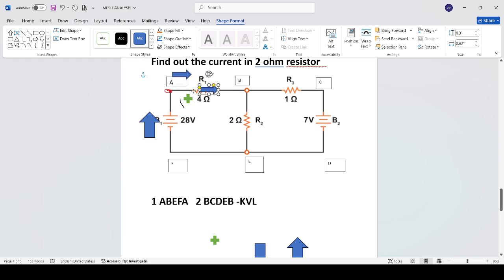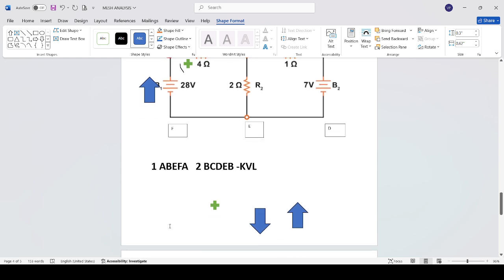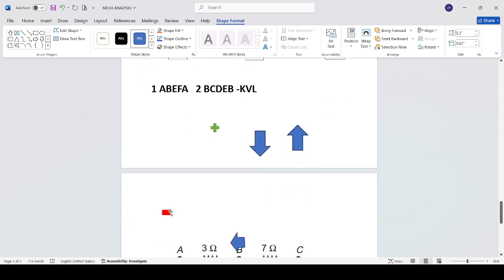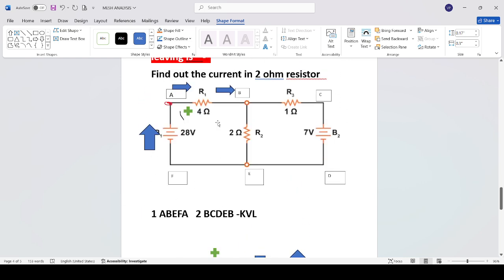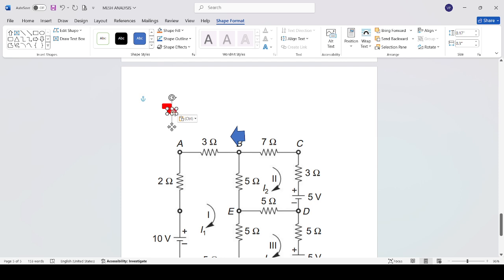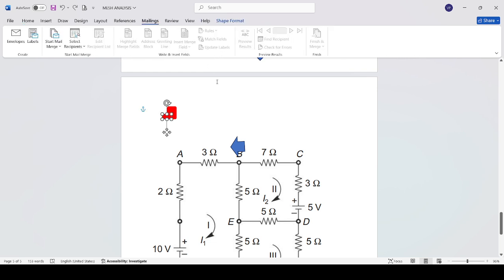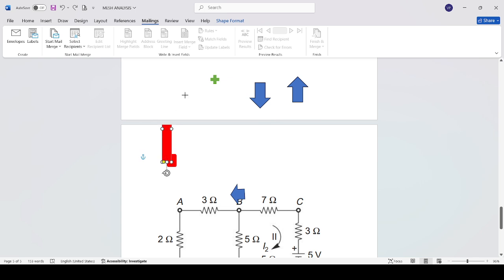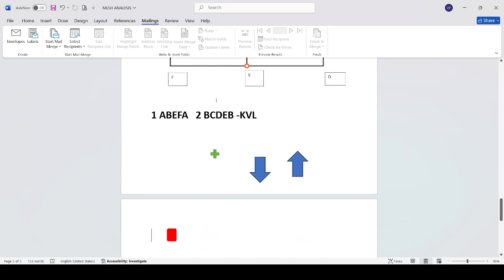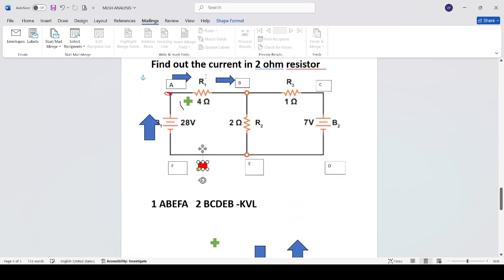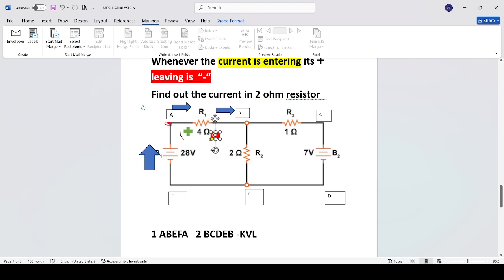When it is leaving, this point is negative. So this one is positive, this one is negative.